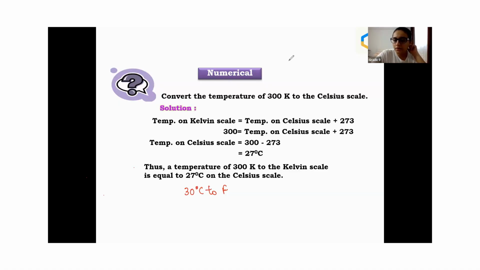Everybody is getting 86 degree Fahrenheit. Yes, ma'am. Okay, so 86 degree Fahrenheit is the correct answer. One more. Shall I give one more? Minus 10 degrees Celsius to Kelvin. Do this one.